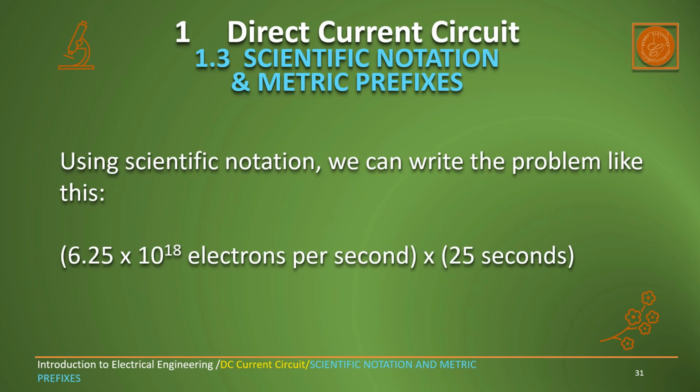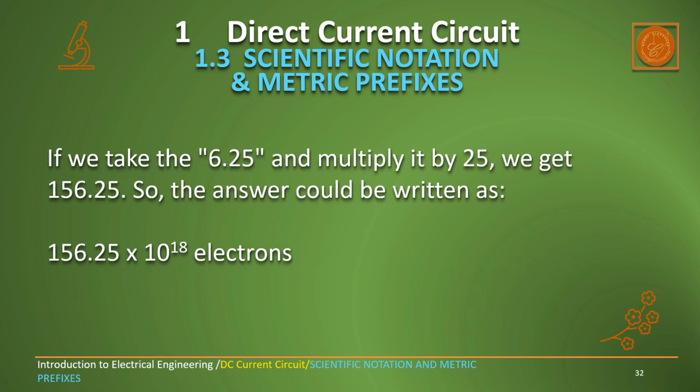Using scientific notation, we can write the problem like this: 6.25 times 10 power 18 electrons per second times 25 seconds. If we take the 6.25 and multiply it by 25, we get 156.25.